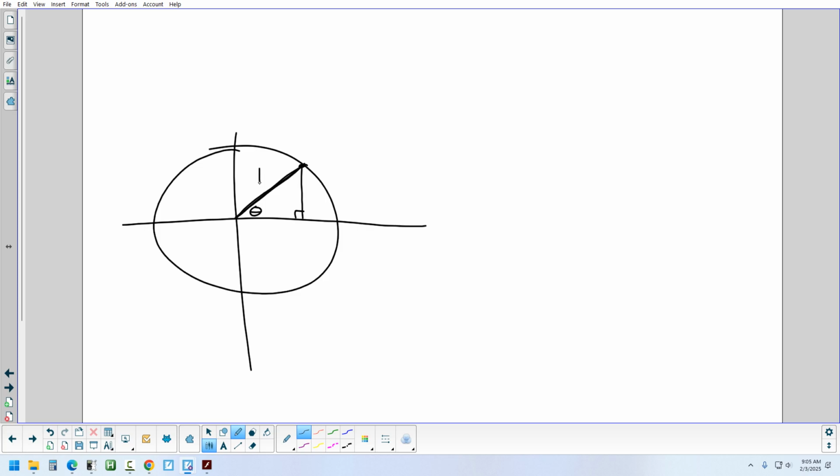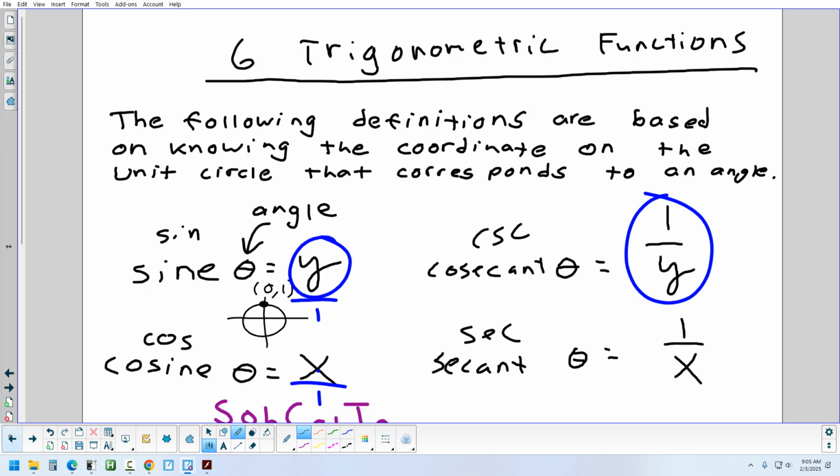I don't know the bottom, and I don't know the height. But sine is opposite over hypotenuse. Look at this triangle. Look at that angle right there. What side is opposite my angle? Y. Sine is opposite over hypotenuse. What's my hypotenuse in that picture? 1. Sine is y over 1, and that's exactly what I just showed you.